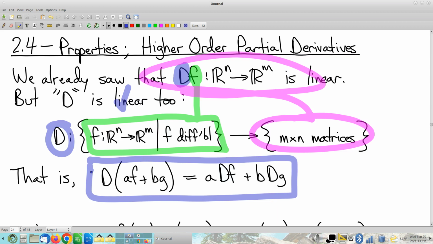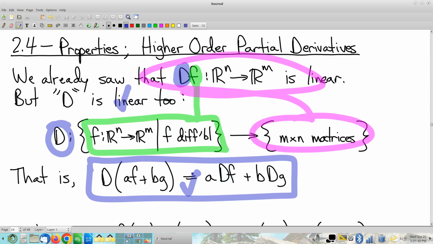On the left side, I have a linear combination before I plug into D. On the right side, I have the same linear combination after I've plugged those functions into D. And we get the same thing either way. So that's just linearity of this different thing. Is everybody okay with this as a statement?